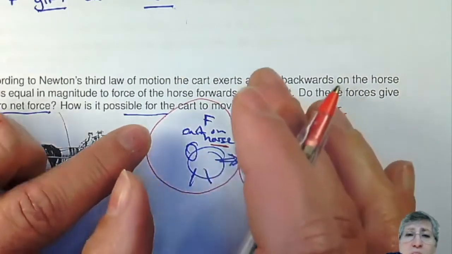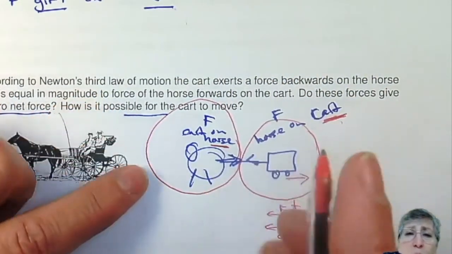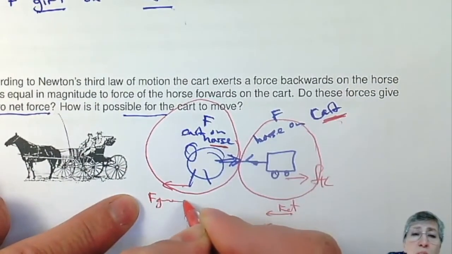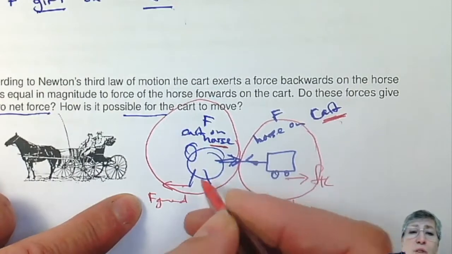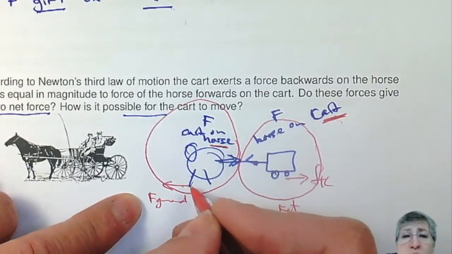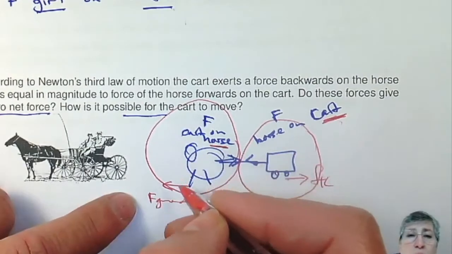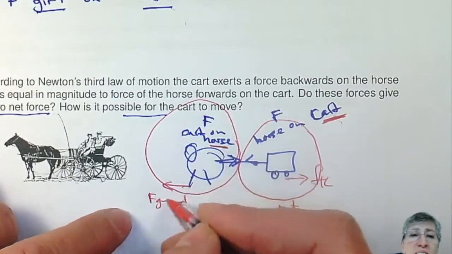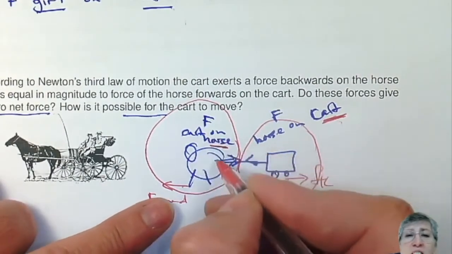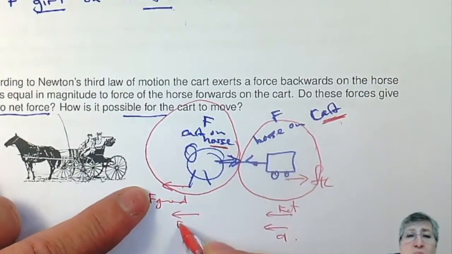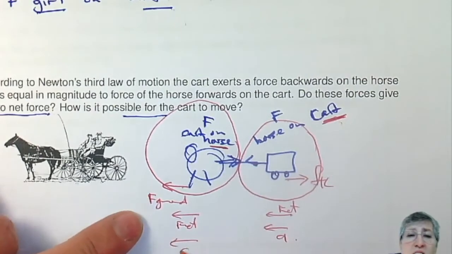So its hooves are pushing backwards, and therefore the ground will be exerting a force forward. Right, so ground on hooves, hooves on ground. So the hooves on ground is pushing to the back and the ground on the hooves is pushing forward. So as long as that is bigger than the cart that's pulling back, you will have an F net in the forward direction and accelerating.